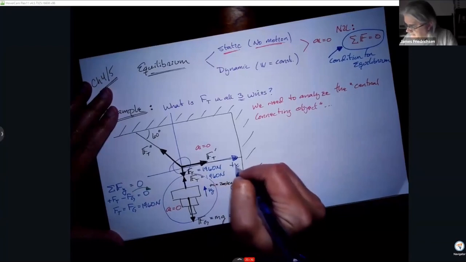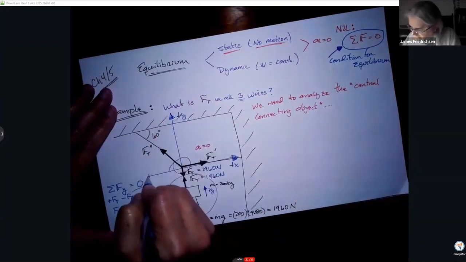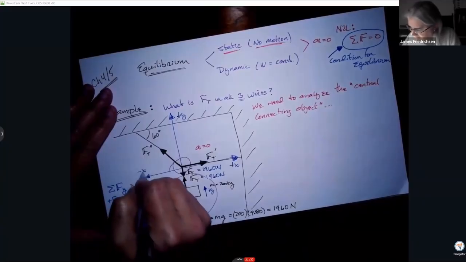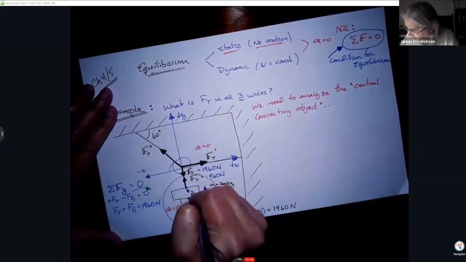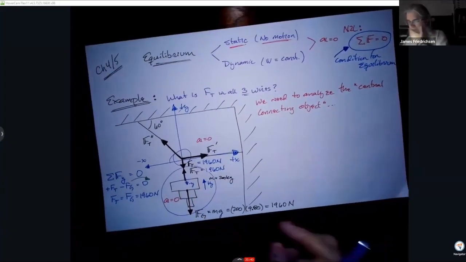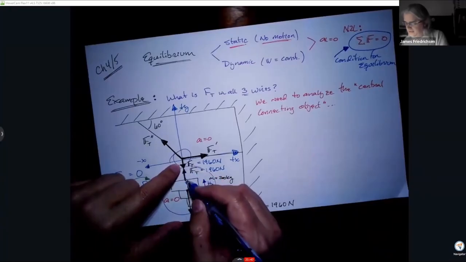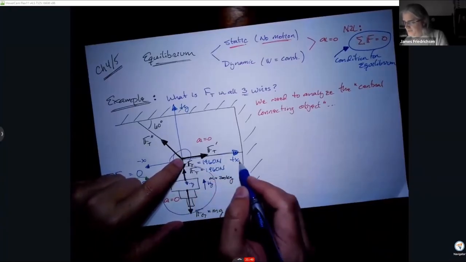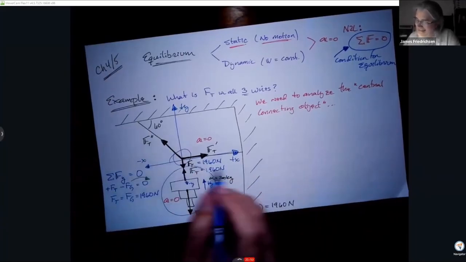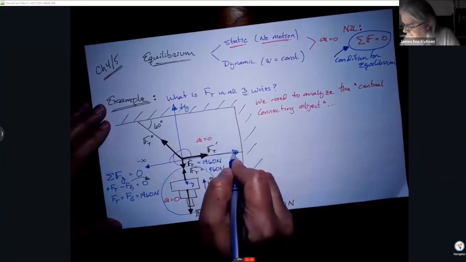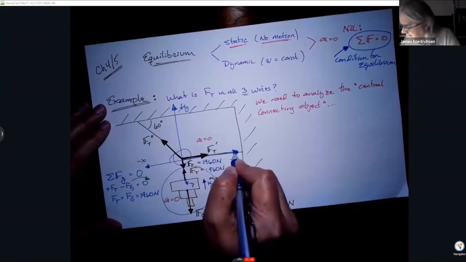We'll make this the positive x, this positive y, negative x, and then negative y there. Then the tension FT is in the negative y direction, FT prime is in the positive x direction, and only for FT double prime are we going to need to calculate components. So we'll need to take a look at that.